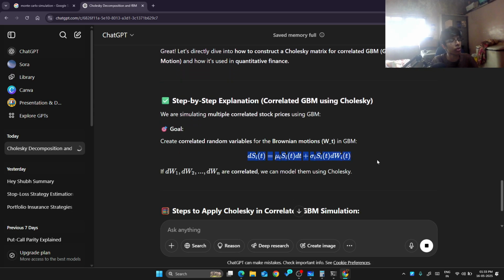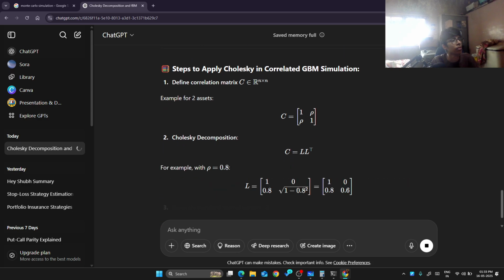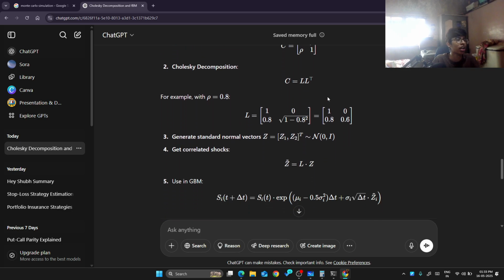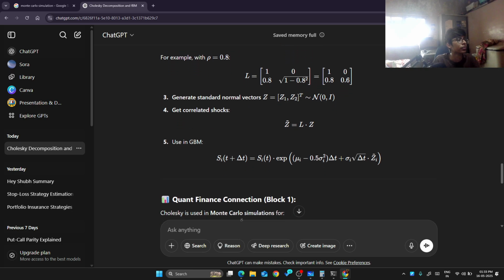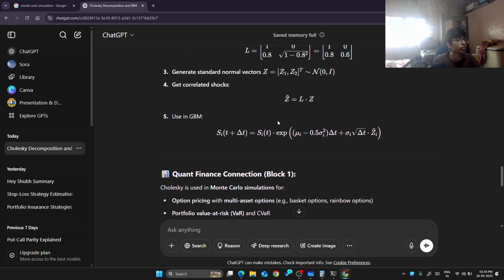See, this is our Brownian motion, and the Cholesky, the correlation for two assets are this, and this is a transformation, and after the transformation we get this value. Yeah, it's a little bit complicated, but it helps us to decompose the value into a smaller triangular form.